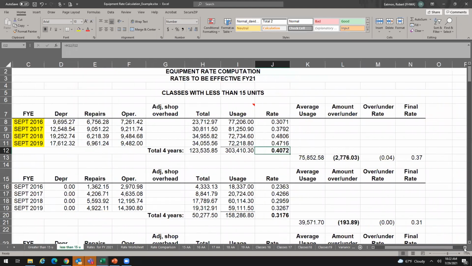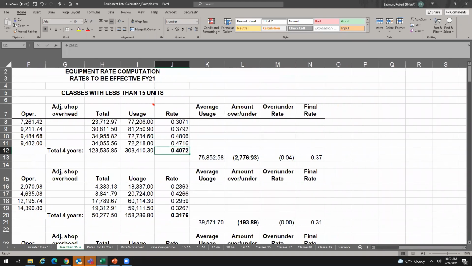And then over here, you can see that we have an over-under amount. So every year, just like you would do on, say, a fixed with carry forward or your fringe benefit rate, we want to look at this, which is based on estimates. This is for FY 2021, and our most recent numbers are from 2019. So it's very likely that these are not going to be exactly correct.